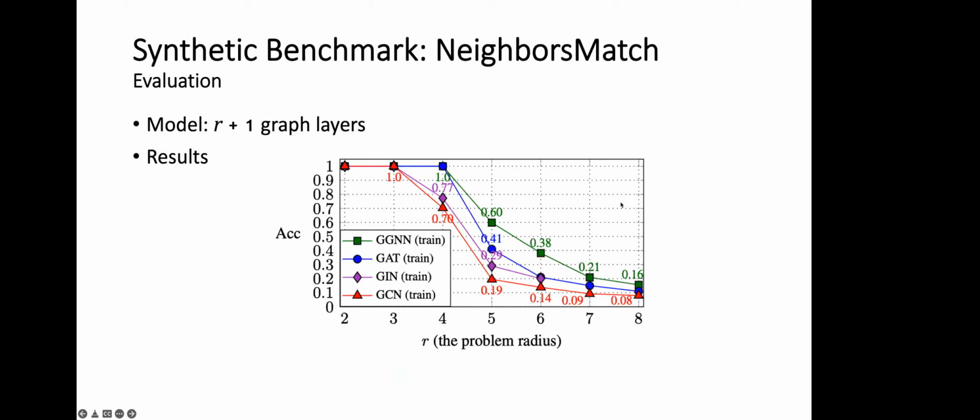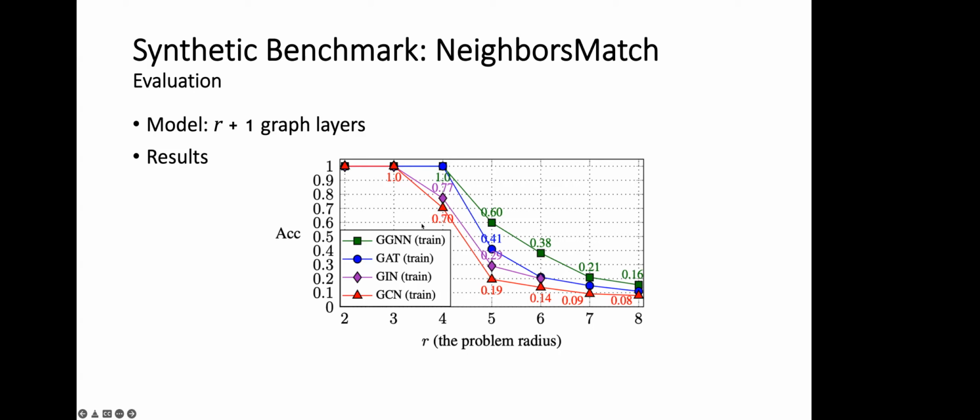So they implement a network with R+1 graph layers to allow an additional nonlinearity after the information from the leaves reaches the target node. So the results shown here, we can see that some GNNs fail to fit the data set starting from R equals 4.